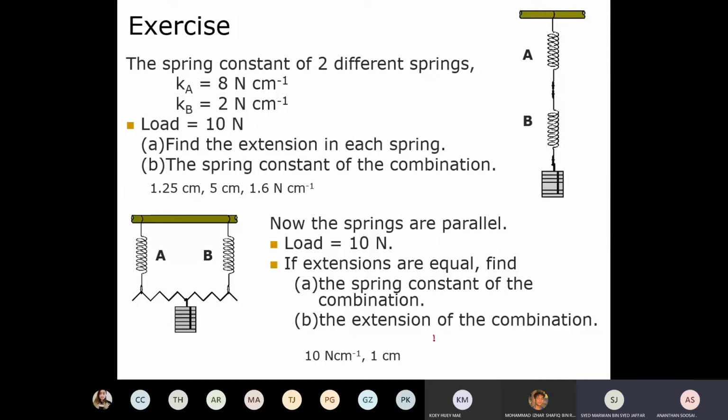Of course, F equals kx, so find x. x is 10 Newton divided by k. K is 10, so you get 1 centimeter. So that covers series and parallel.